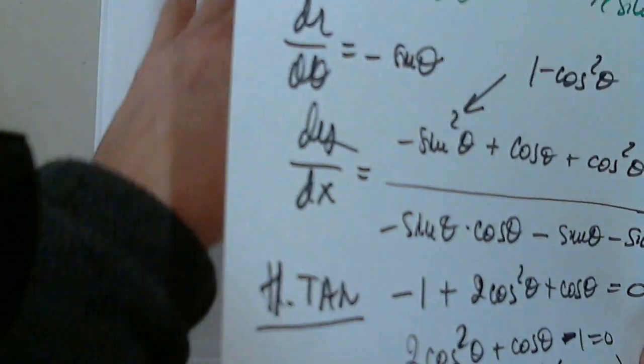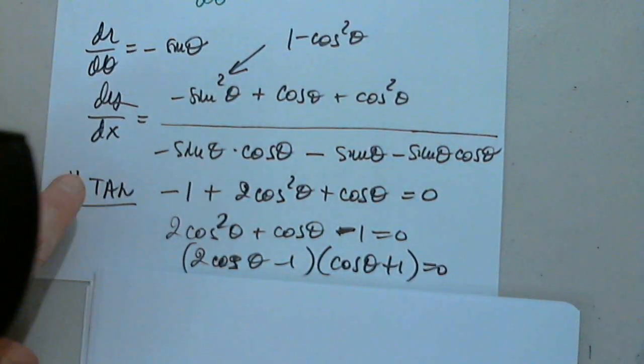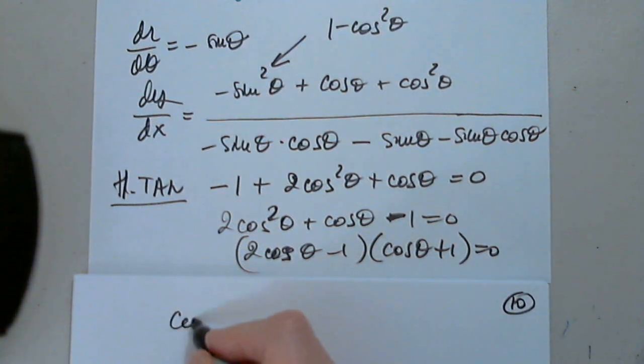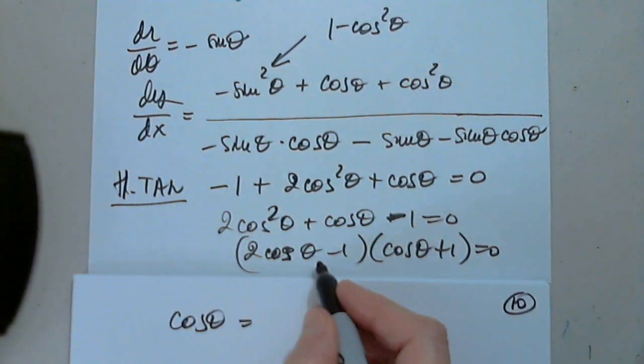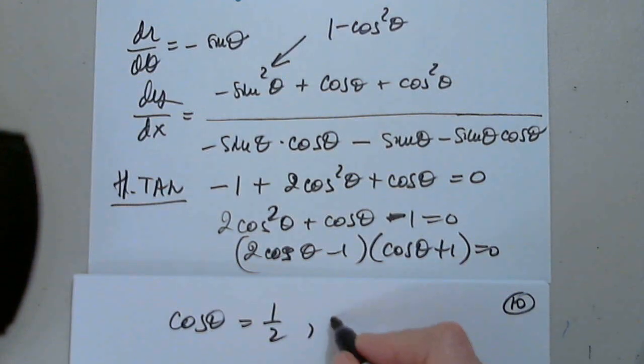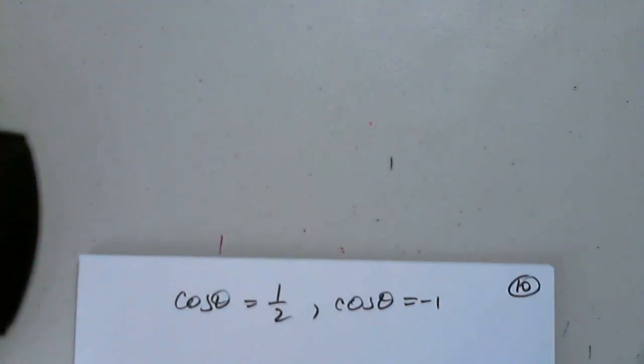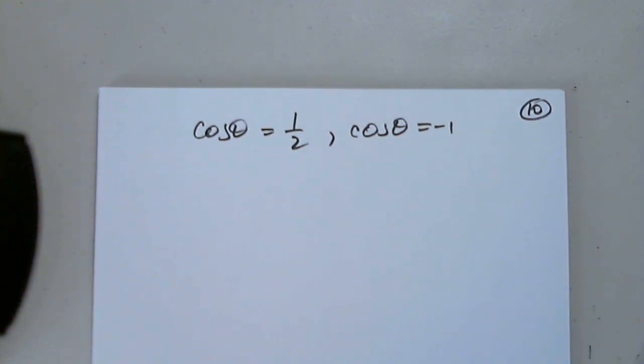From here we go back to the unit circle. Okay, so this is my page 10 where I have cosine theta equals 1/2 or cosine theta equals negative 1. So let's find these values and see what we get.